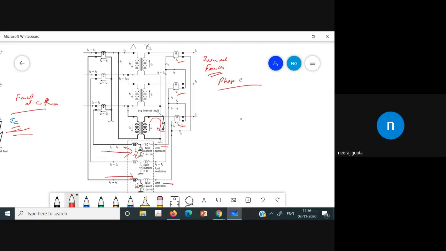This is all about the differential protection. In the protection system, we have first discussed the overcurrent relay. Then after that, we have discussed the differential protection.